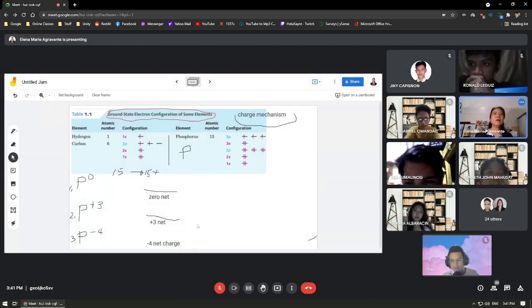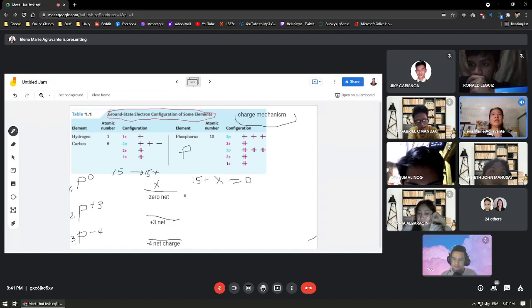Now, for this one, having the net charge which is 0, what must be your x such that 15 added with x equals 0? What must be your x there? Negative 15.